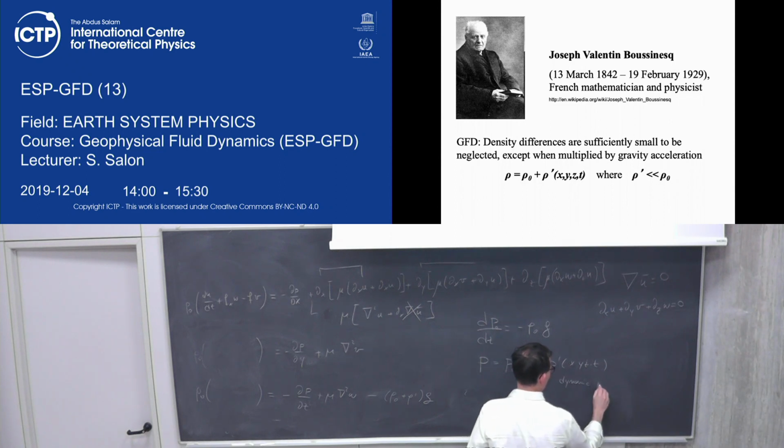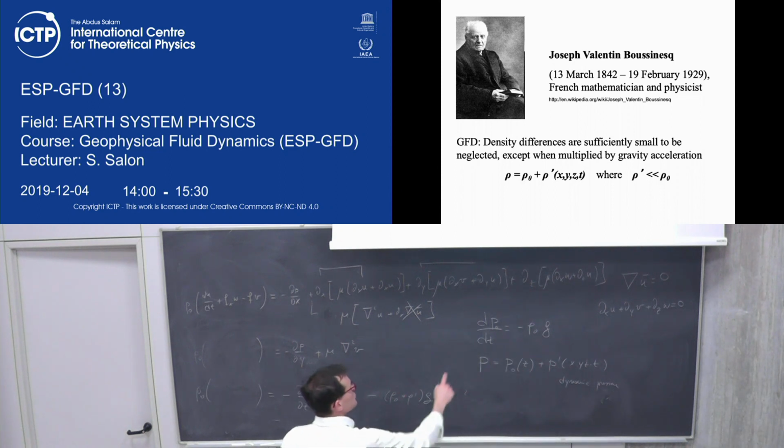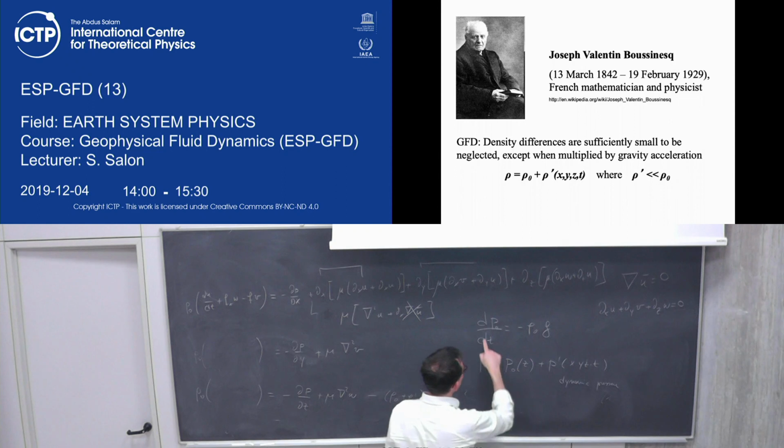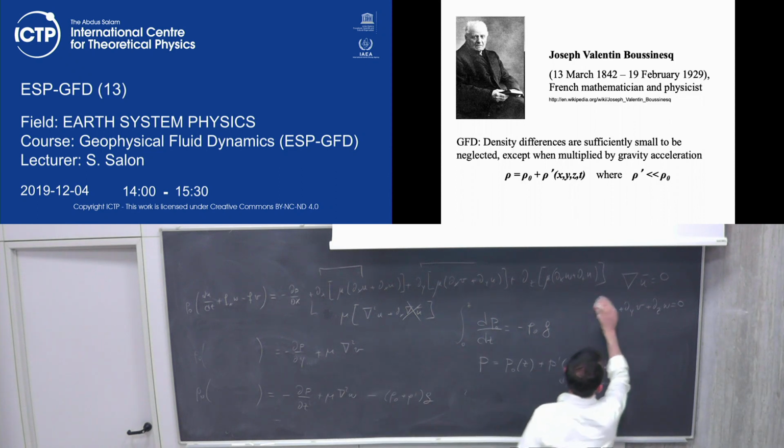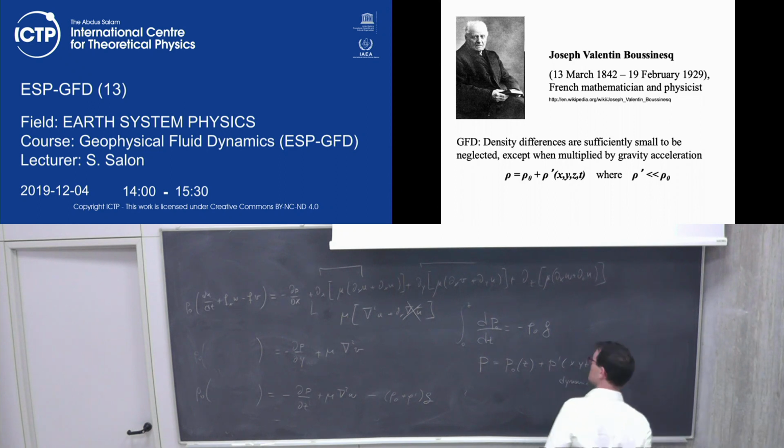So we can solve this equation quite easily. So if we integrate over dz, what we will obtain is the integration of dp0 equal to minus rho 0 g dz.